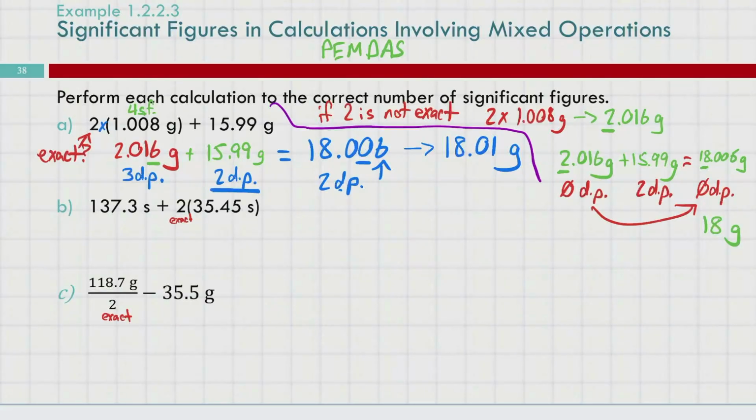We're multiplying 2 and 35.45 seconds. 35.45 has 4 significant figures. 2 is exact, so it doesn't factor in. We're going to have 4 significant figures. So we get 70.90 seconds with 4 significant figures.